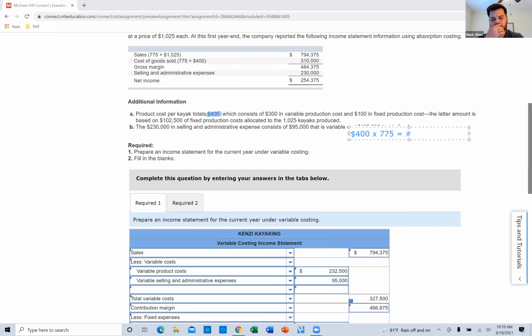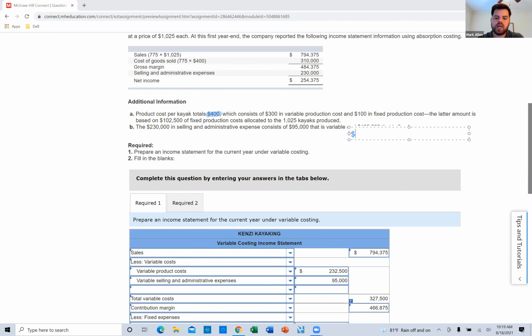But I just want you to think for a second. Does that make sense? I'm looking for variable cost, but that tells me that the total product cost per kayak is 400, which means that some of that is not variable, or some of that is actually fixed. So this would not be correct.